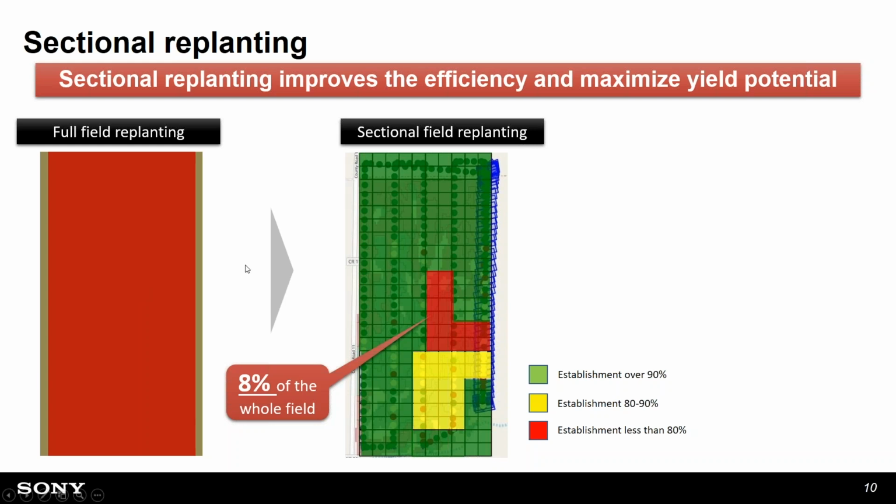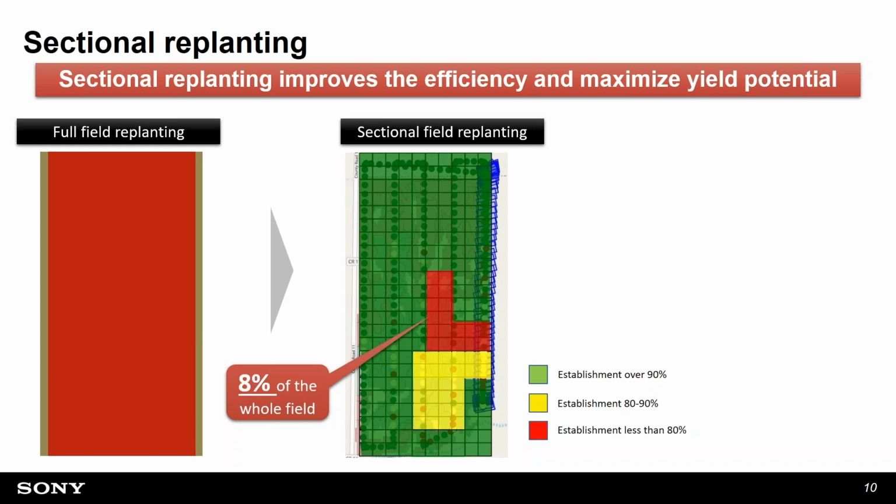But if you can define sections of the field for replanting, for example, in this case, the picture on the right-hand side illustrates green, yellow, and red, and you can change the threshold, what percentage for the greens, yellows and reds. But the key point is the red area, for example, where the establishment rate is maybe less than 80%, where you would like to replant.